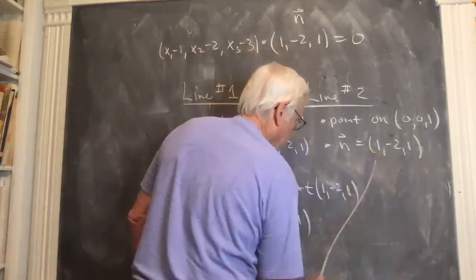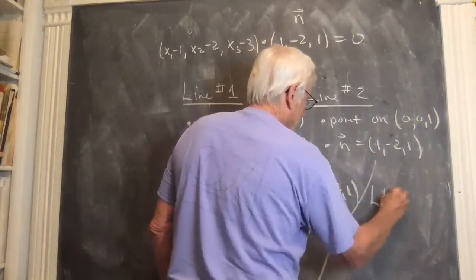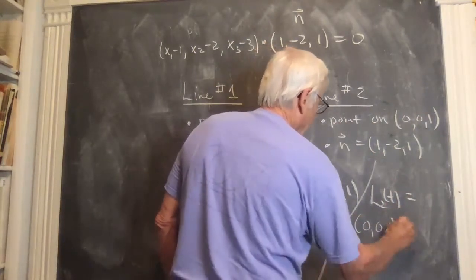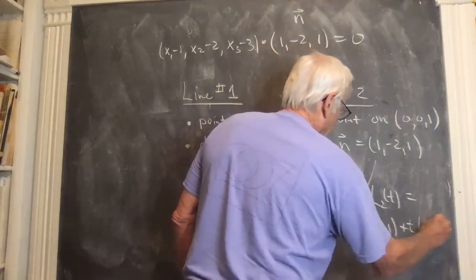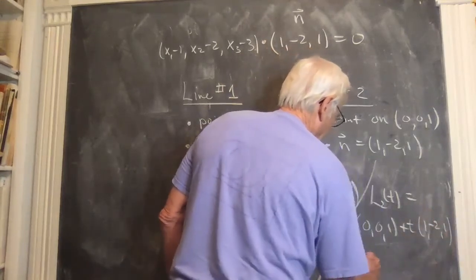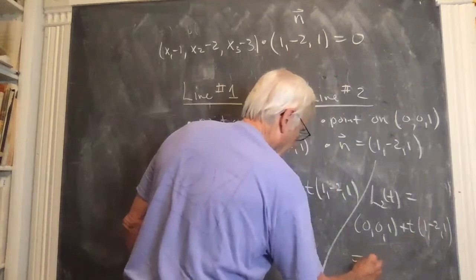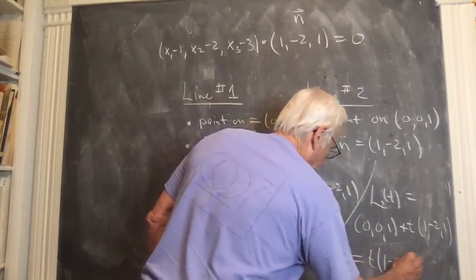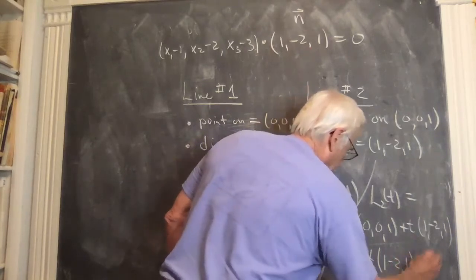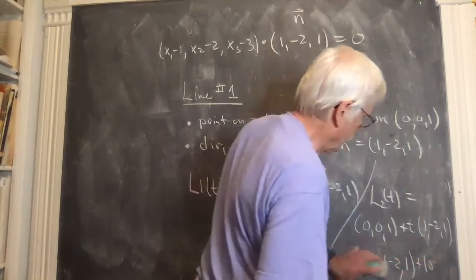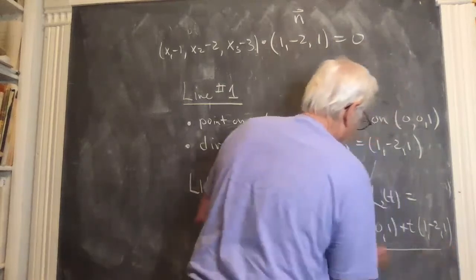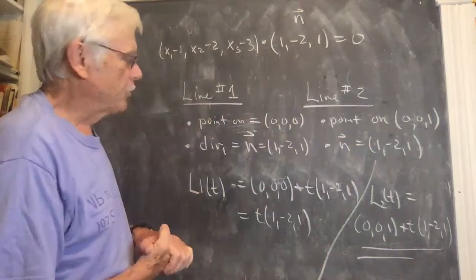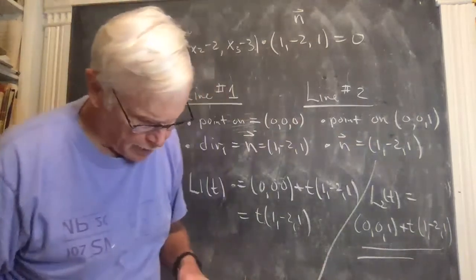And L2 of t will be the point on (0, 0, 1), plus t times (1, -2, 1). I guess this is good enough. Just leave it like that. So those are the two normal lines.